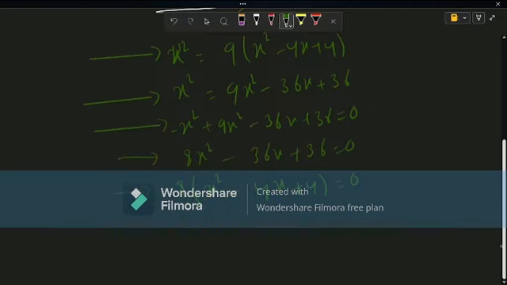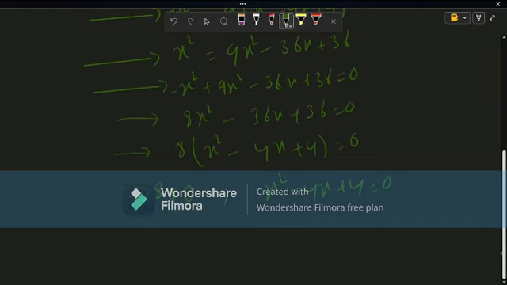So 8 cannot be equal to 0, so only x² − 4x + 4 equals 0, and you know that this is a quadratic equation. When you solve this quadratic equation, you have two answers. I'm writing the answer directly. I figured it out through my calculator, but you have to work for that.